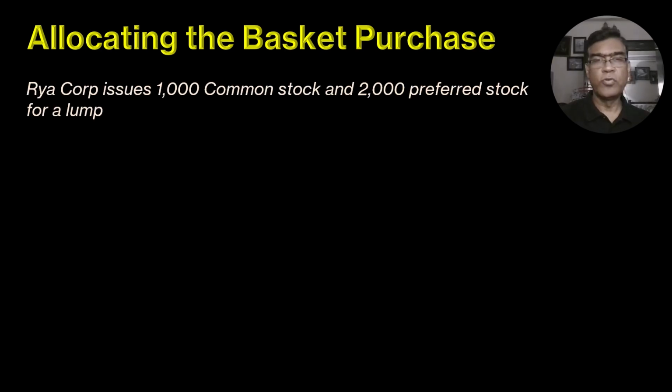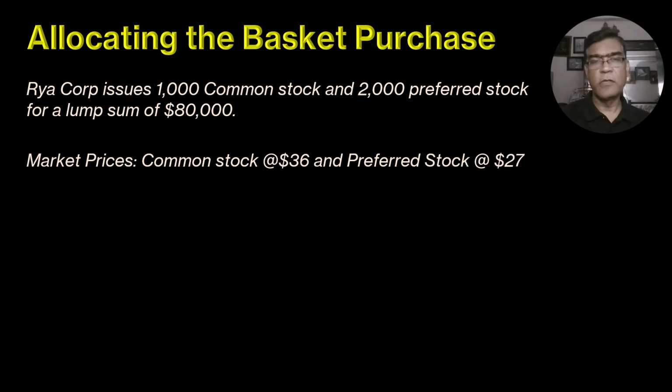Let's look at how to allocate a lump sum purchase between different classes of stock. RIA Corporation issues 1,000 common stock and 2,000 preferred stock for a lump sum of $80,000. Market price: common stock at 36 and preferred stock at 27 each.